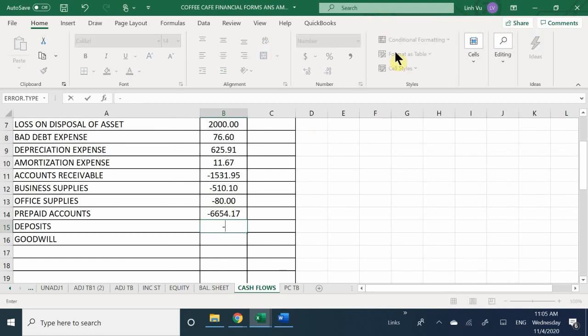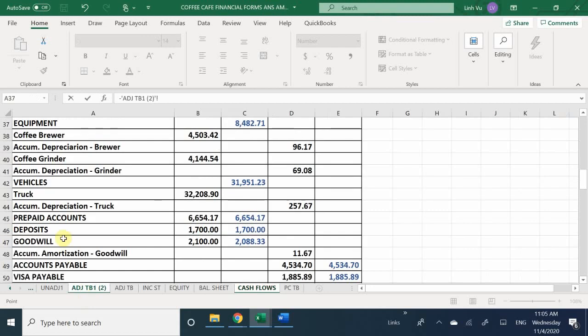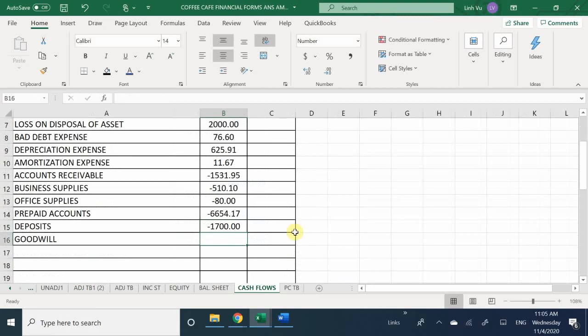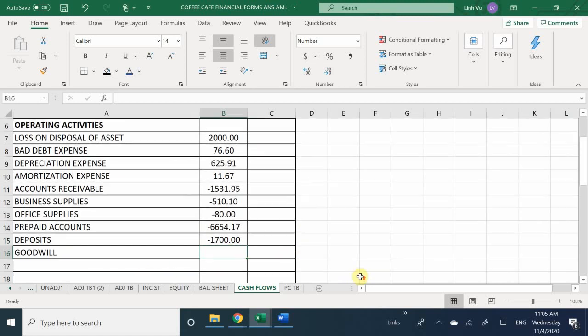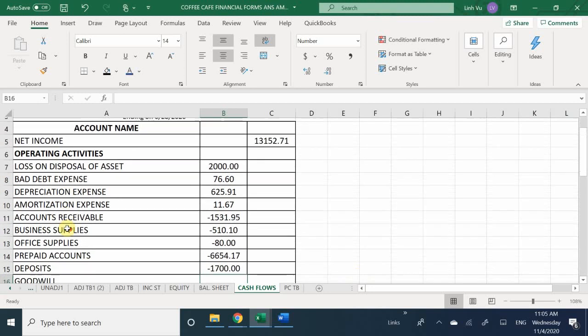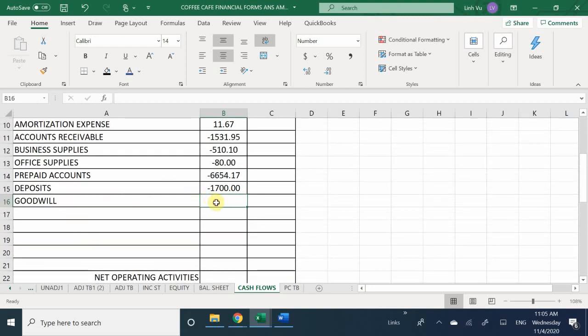It's negative because I could potentially get money out of it, but it's also money I've already spent. I don't have that money anymore. Same thing with deposits: you've already spent the money, you don't have this money anymore, so you need to subtract it out. And then same thing with goodwill. Now with goodwill, because we also added back our amortization, you need to put it for what it originally was, which in this case was 2,100.